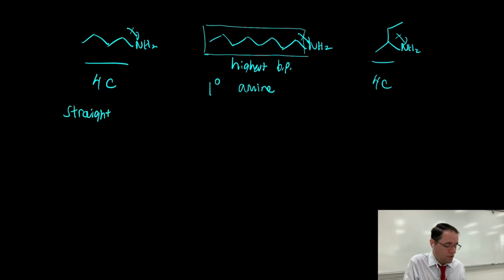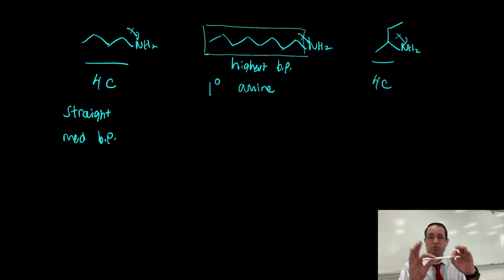This is a straight chain, and a straight chain like this pencil that I'm holding up has the greatest amount of surface area so that it can interact with other molecules nearby. So this is going to have the medium boiling point of the trend. Now, the molecule on the right has 4 carbons that are branched, so it'd be like a crumpled up pencil or a piece of paper.